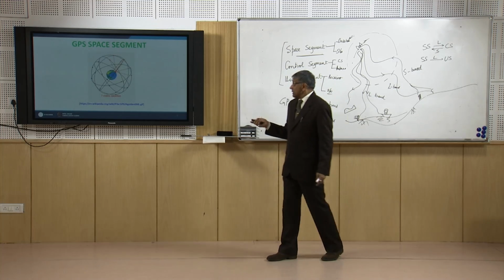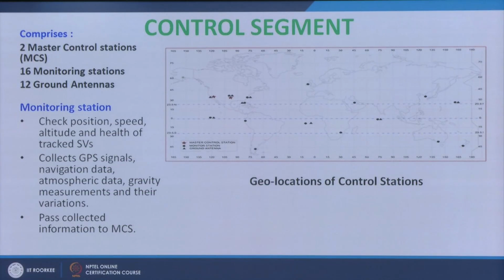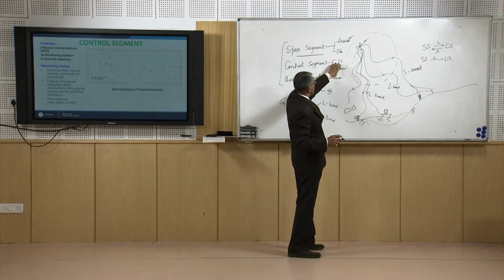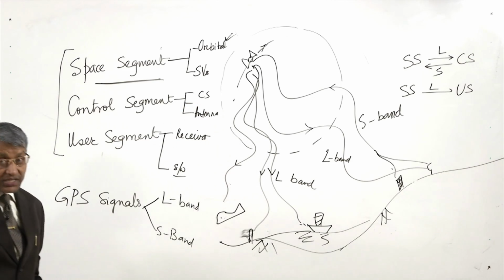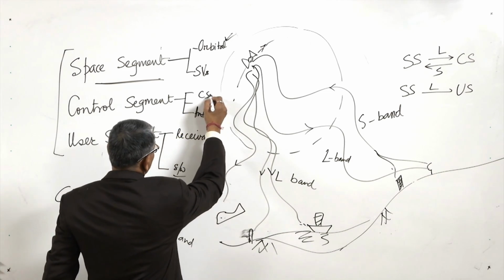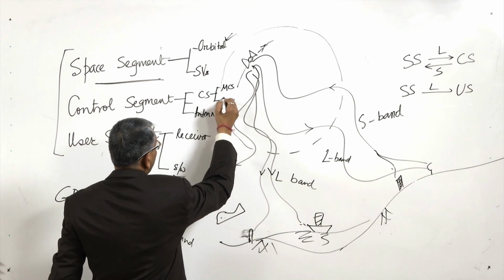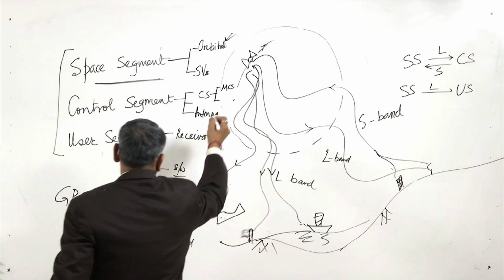And next, the control segment, as I told you, primarily consists of 2 parts: control stations and antenna. Now the control station is again of two types, master control station and monitoring station.